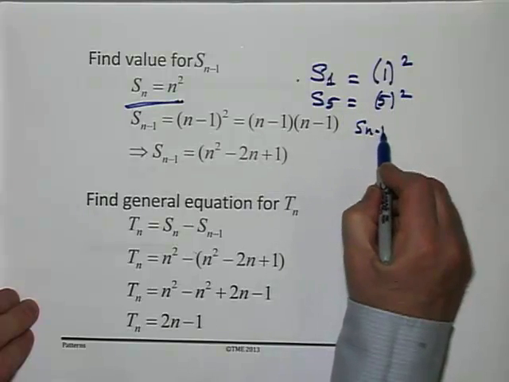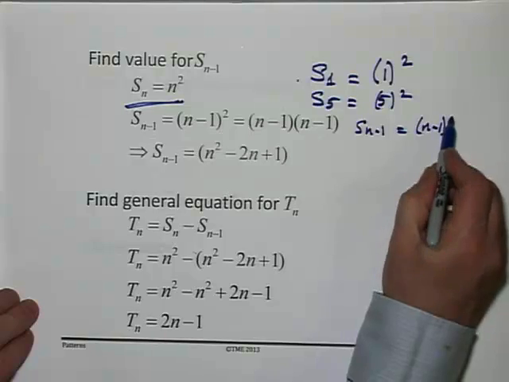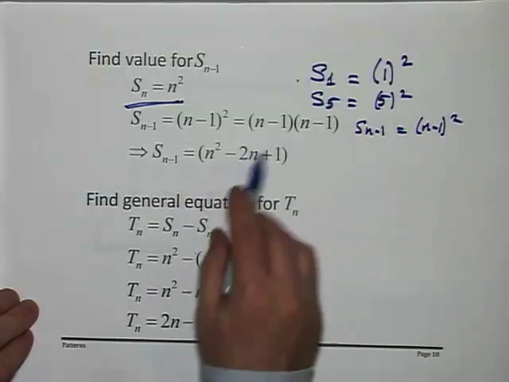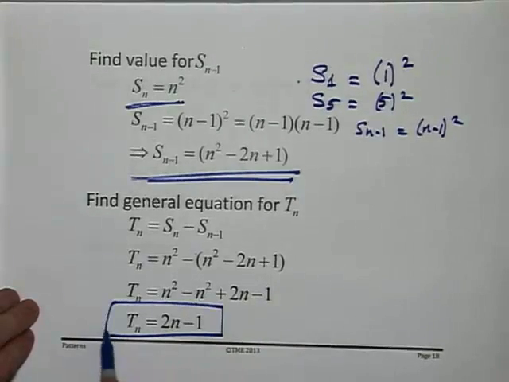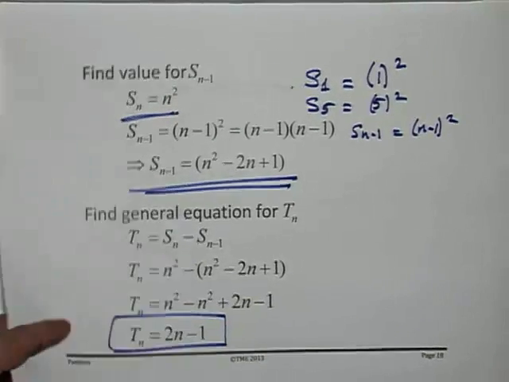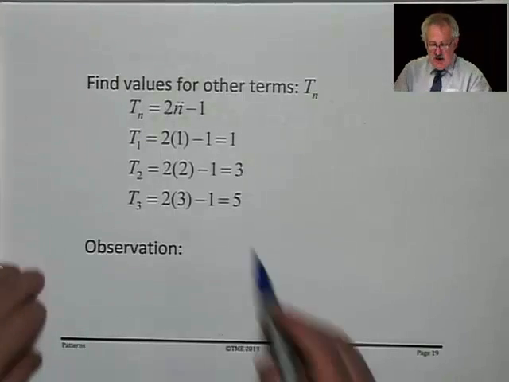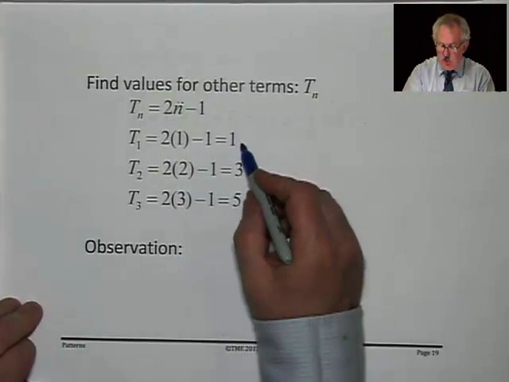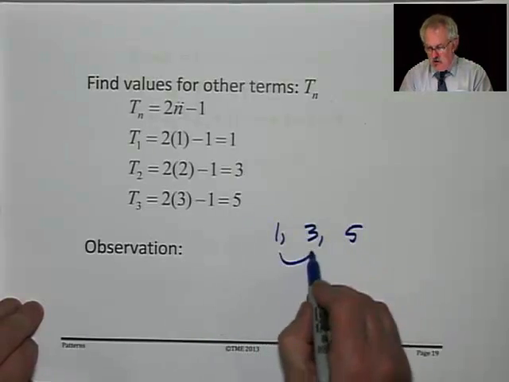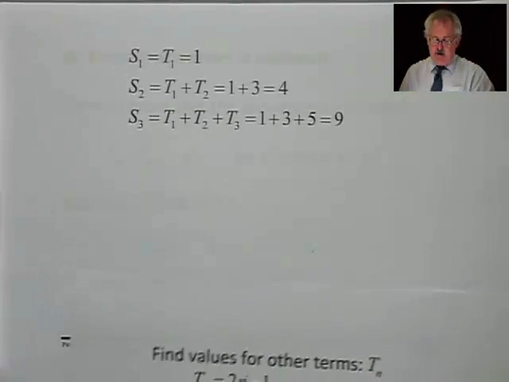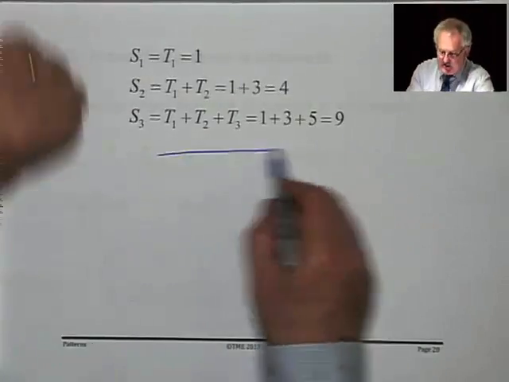So S(n-1) will be n minus 1 squared. We just take the number and plug it in. We expand it out, work the whole thing out, and we get Tn is equal to 2n minus 1. We checked other values then for the Tn. We got 1, 3, 5. So 1, 3, 5. We do our d. We can work the whole lot out, etc. And there's our sums to the first three.